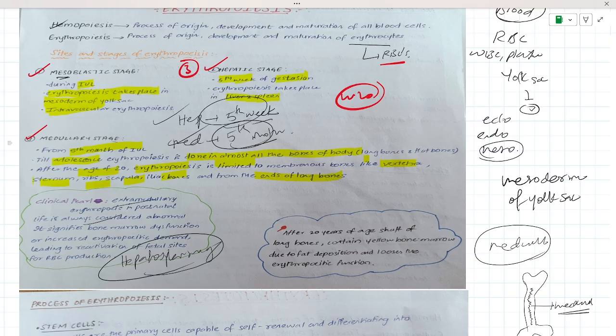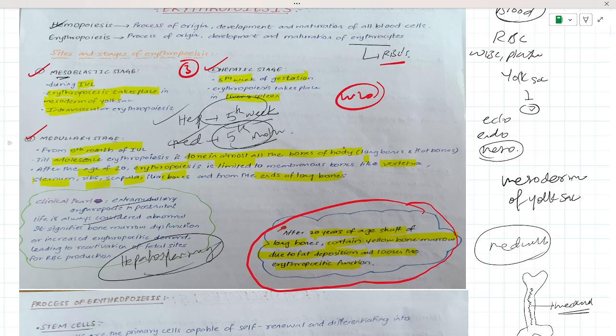It is abnormal. Now here we have one more note point. After 20 years, the shaft of long bones contains yellow bone marrow due to fat deposition and loses the erythropoietic function. So this is the reason erythropoiesis is limited to only certain bones after the age of 20.